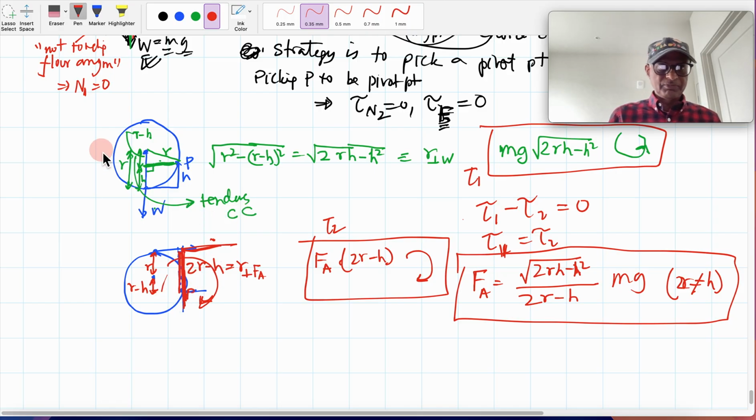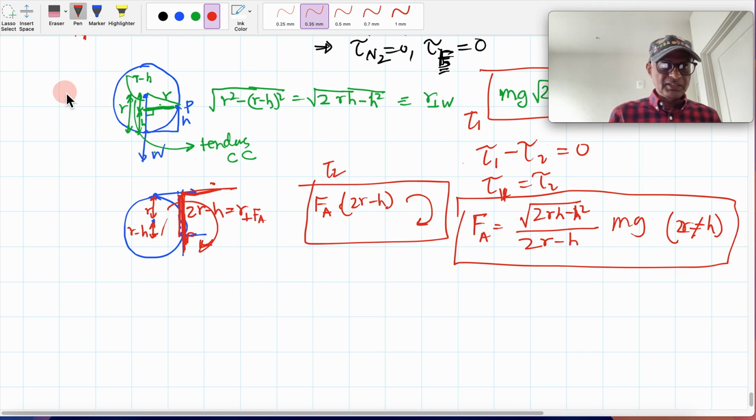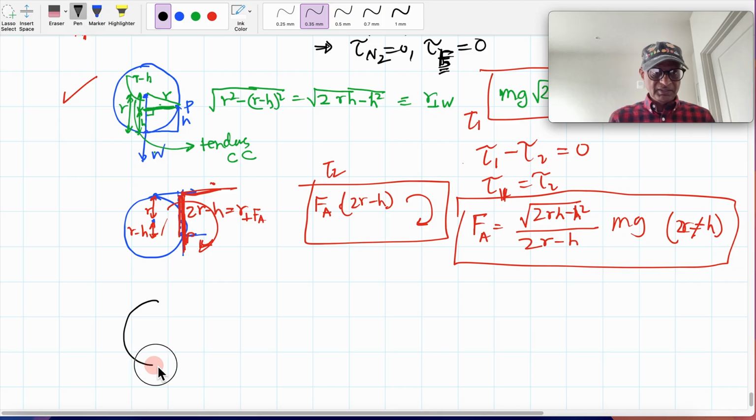How about for B, the other situation? For the other situation, this doesn't change. Instead, this gets replaced by that.